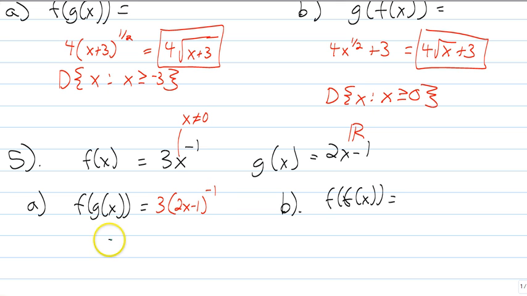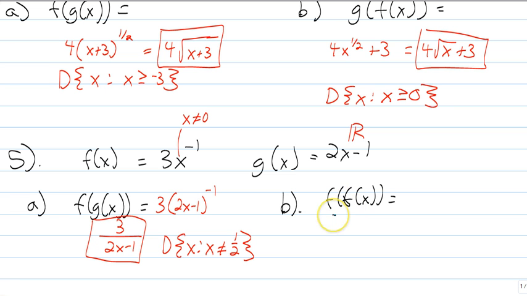That's the same thing as saying 3 over 2x minus 1. So in this case, the bottom can't be 0. What x value gives us that restriction? Well, if you set that equal to 0, you get 1/2. So my domain for this problem is x cannot be 1/2. And this is the answer.